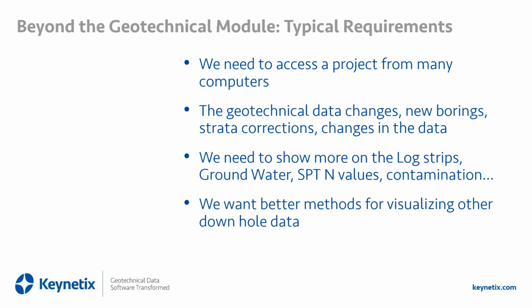Or another possibility is, well, yeah, it's great, but we want to be able to view and visualize other types of data in 3D. For instance, let's see where the groundwater, the water table is across the site. Where is the level? Can we actually work out where we've got high levels of moisture content and show that in 3D across the site?